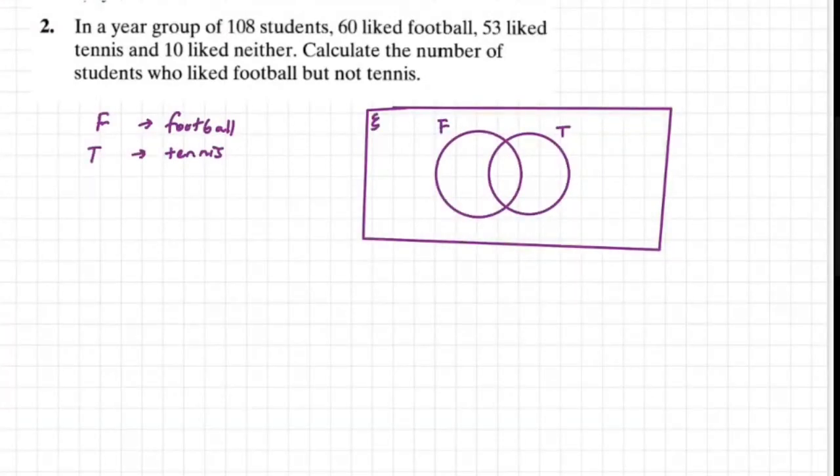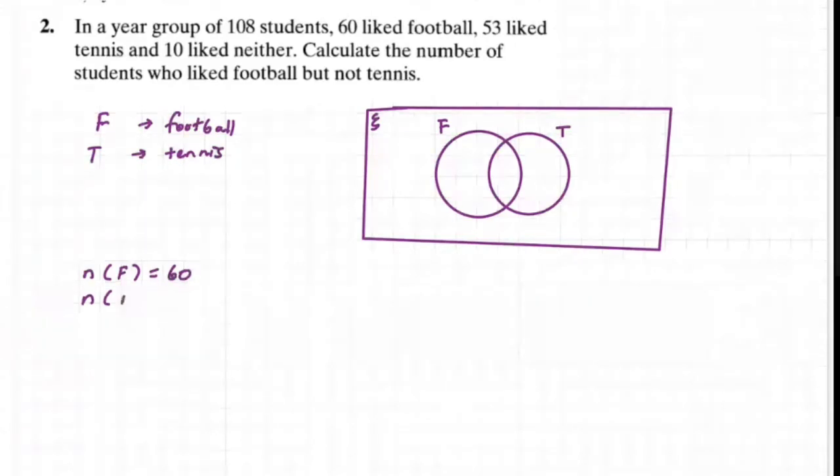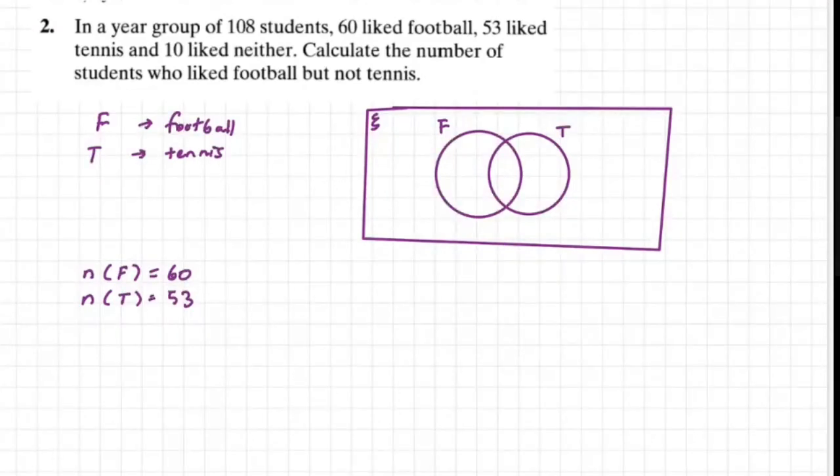So you have total 108. 60 like football, so the number of elements of F is equal to 60. The number of elements of T is equal to 53 and 10 like neither, so 10 must be outside the circle.